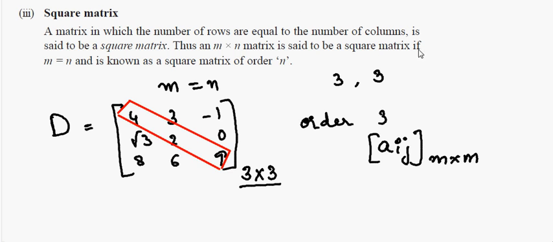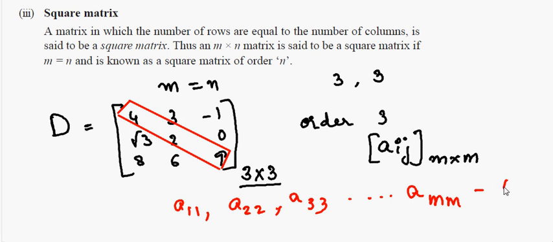So if it is a square matrix, then the elements such as a11, a22, a33, etc. till ann are called the diagonal elements, or just the diagonal. In the given matrix, these are a11, a22 and a33.